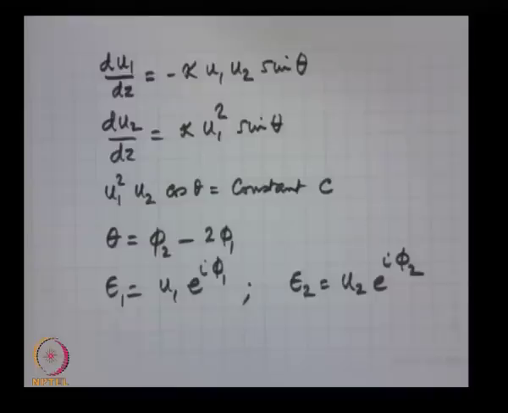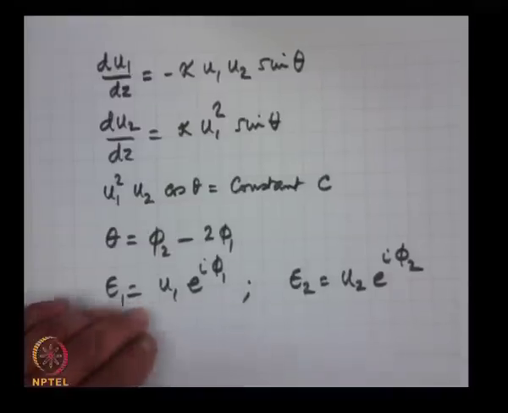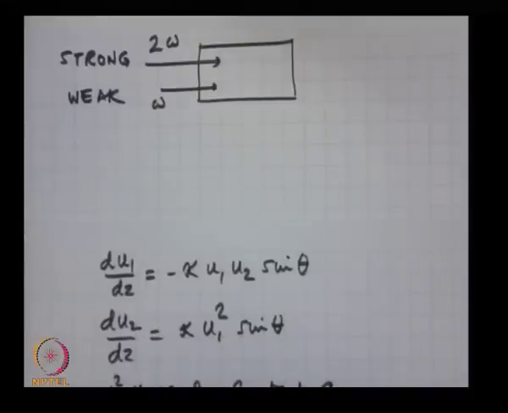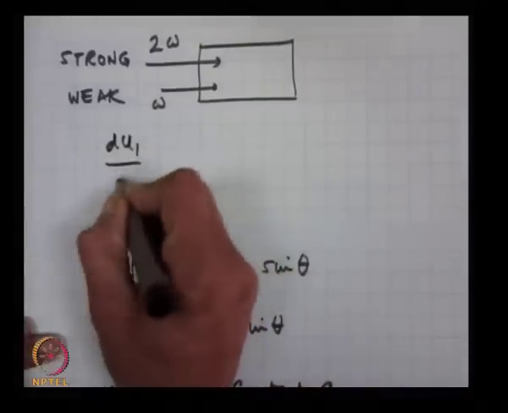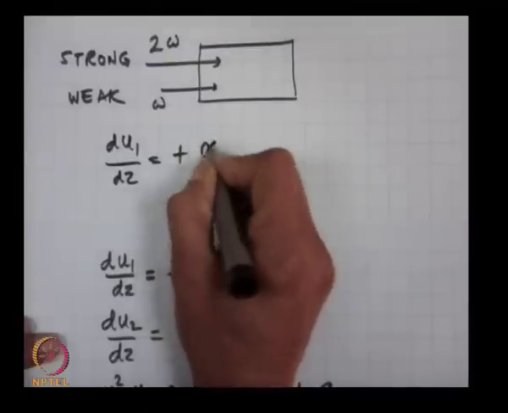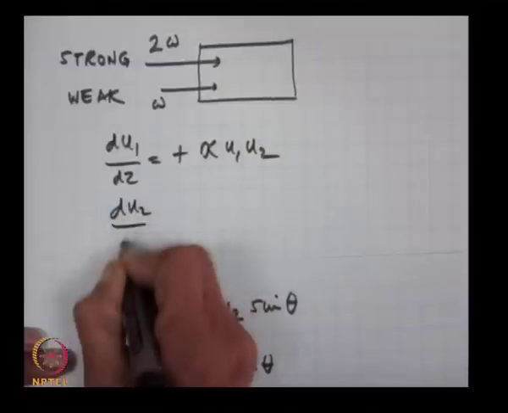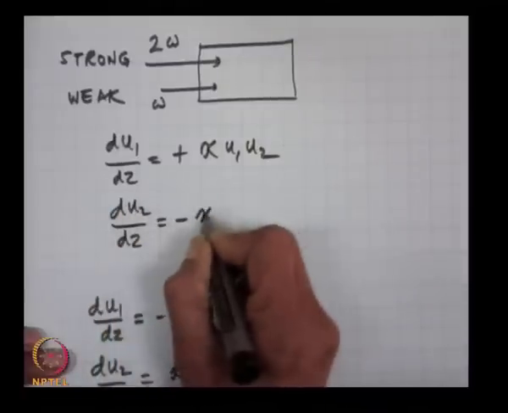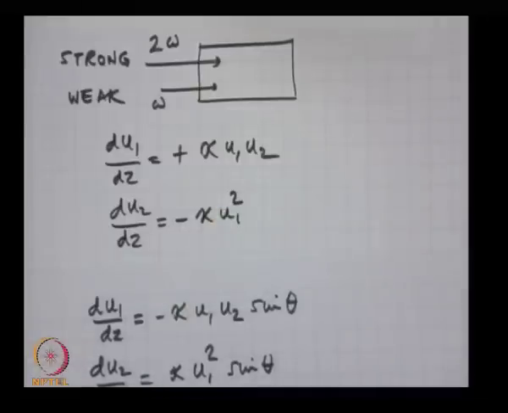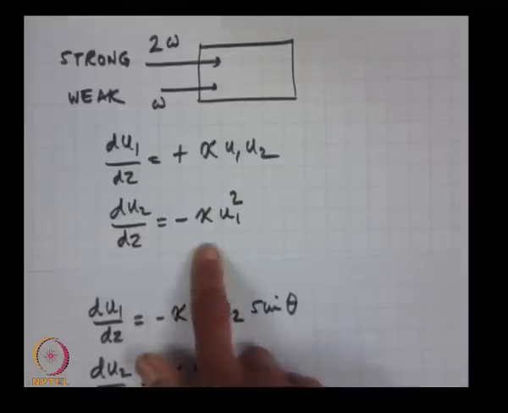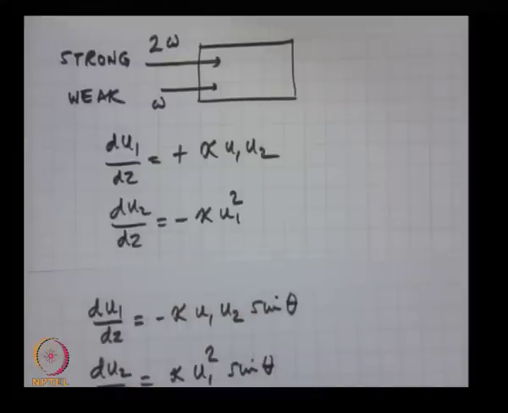If I choose theta to be such that phi 2 minus 2 phi 1 is minus pi by 2, then I get du1 by dz equal to plus kappa u1 u2 and du2 by dz equal to minus kappa u1 square. In this case, the power of the second harmonic will decrease because du2 by dz is negative and du1 by dz is positive, so the fundamental frequency will get amplified.